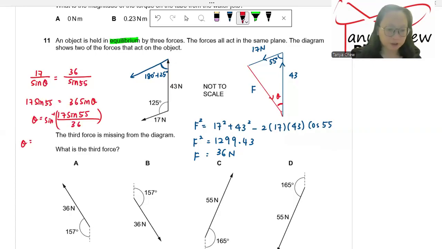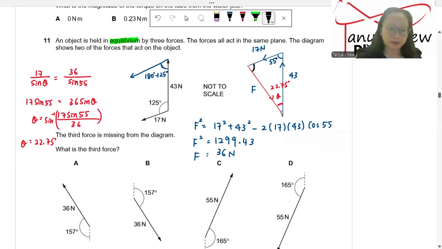You're supposed to get 22.75 degrees. So when this is 22.75 degrees, this is a triangle.